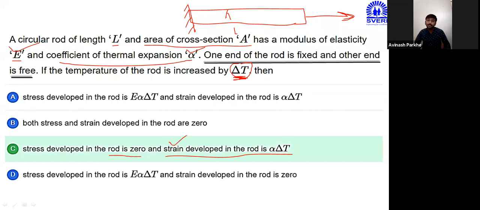Therefore, here only thermal expansion is taking place, means there is an increase in strain or development in strain. But at the same time, due to the thermal expansion, there is no thermal stress developed. Whatever the thermal stress is developed, it is equal to 0.